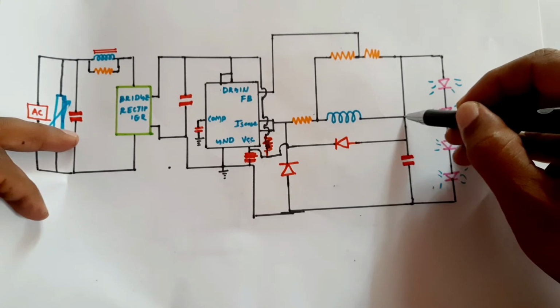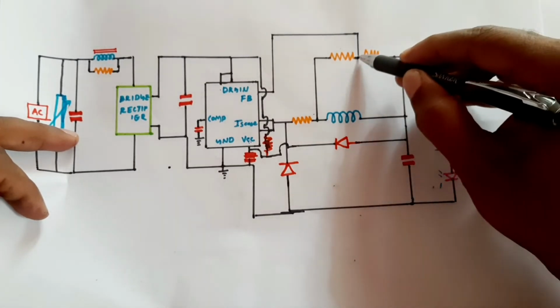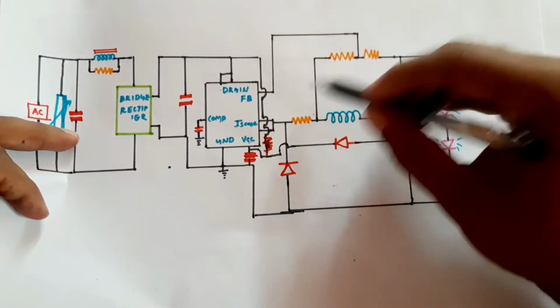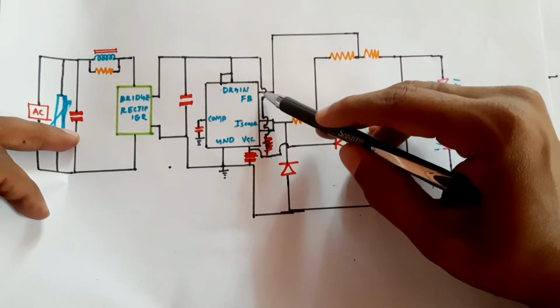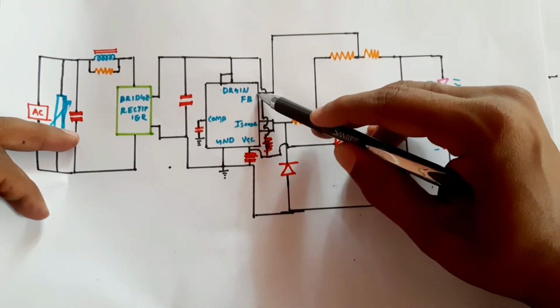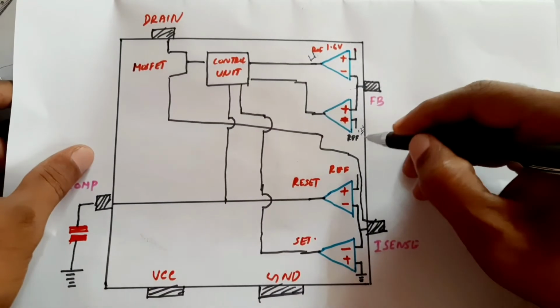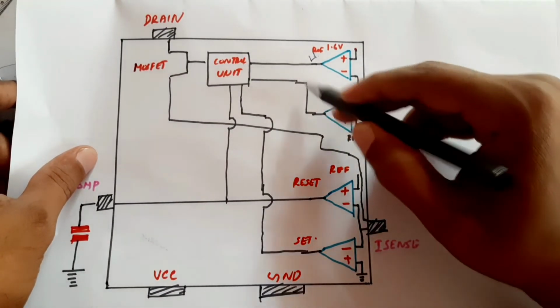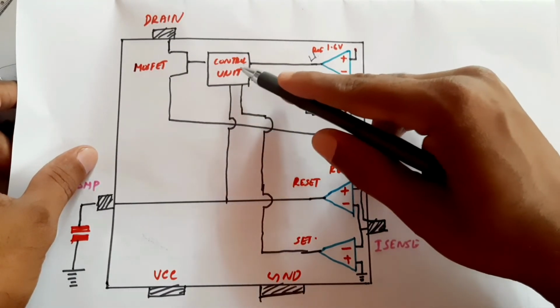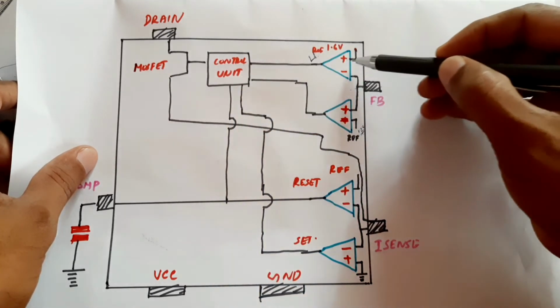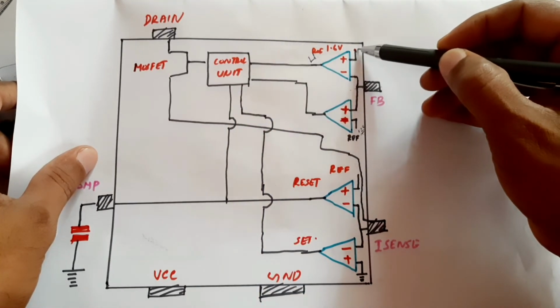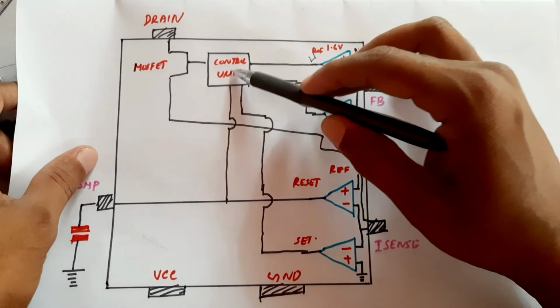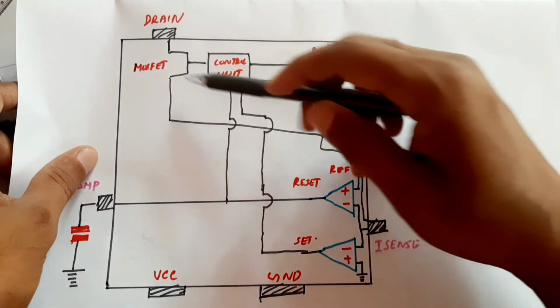That means this point will be at lower potential. That means this point also will be at lower potential. So the feedback voltage will be less. If the feedback voltage is less than, say, 0.2 volt, this also tells the control unit to switch off. In the case of over voltage and under voltage, it tells the control unit to switch off the MOSFET.